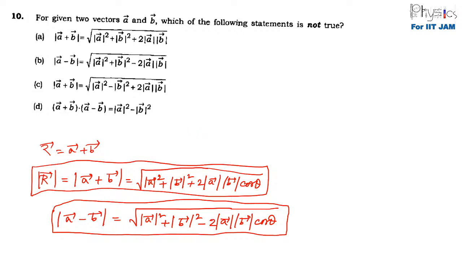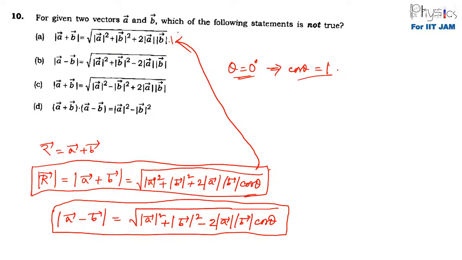So if we put theta equals 0 degree, that means cos theta is 1, right? And if cos theta is 1, then this equation becomes just this one. If cos theta equal 1, that means it is option A, right?